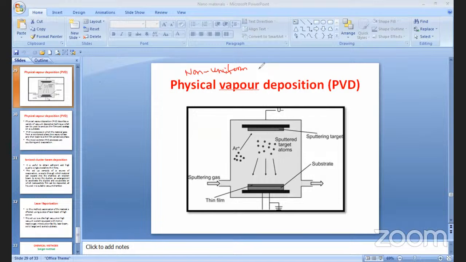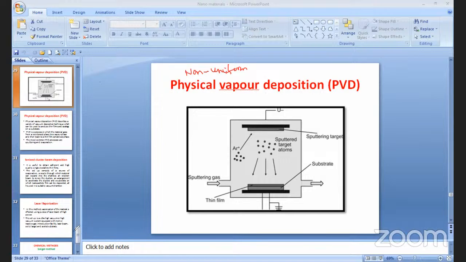So this is about the physical vapor deposition method, which is used to prepare nanoparticles or nanomaterials. These are some drawbacks as well as the applications which we have seen here.